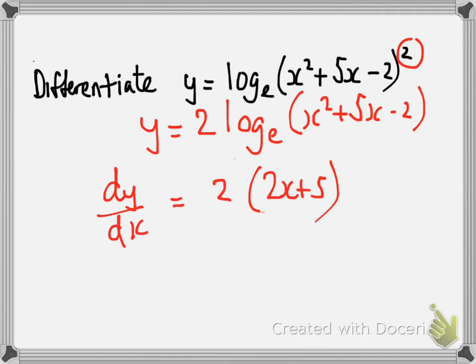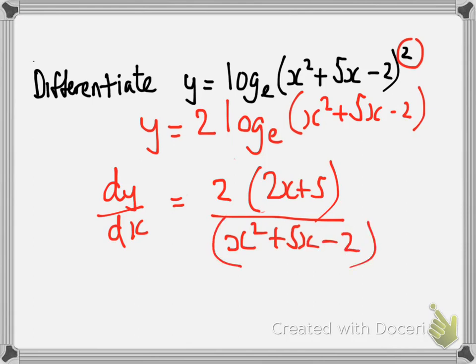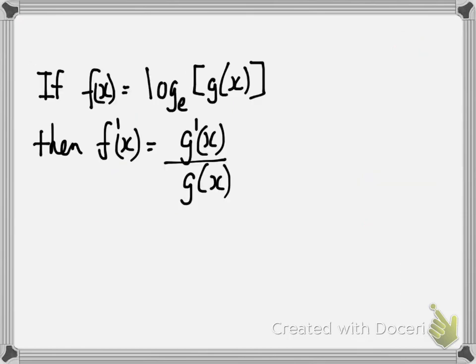Over the bracket. Just do a quick check for common factors. That can't be cancelled, can't be factorised, neither can that. So there's our answer. It's good to have it in factorised form. Okay, there's our rule, so we're done.